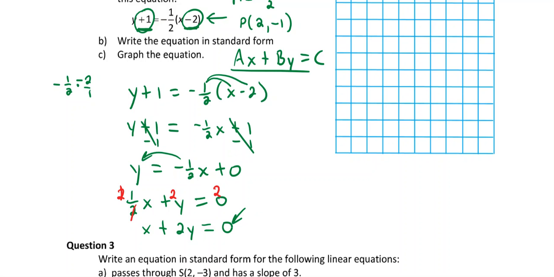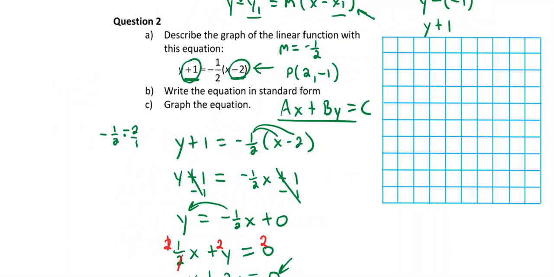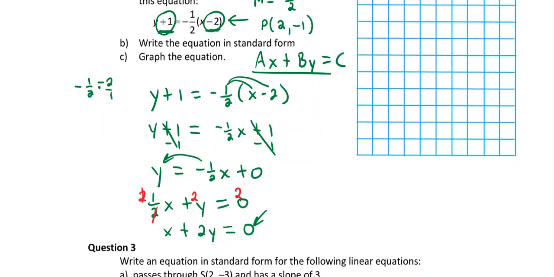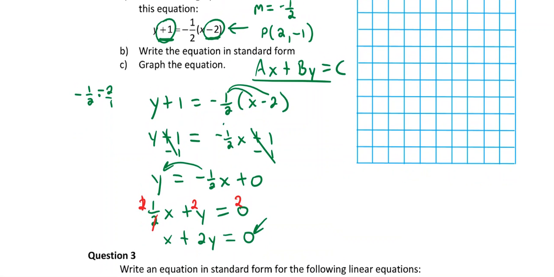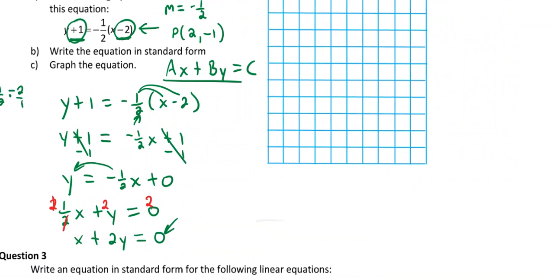Now, I think it's worth going through this because we could have taken a little shortcut on this part too. It makes life a little easier if you understand what's going on. So I'm going to show you guys that shortcut too. So when we had y plus 1 is equal to negative 1/2 x minus 2, I could have just right off the bat said, you know what, I don't like that fraction down in the bottom.